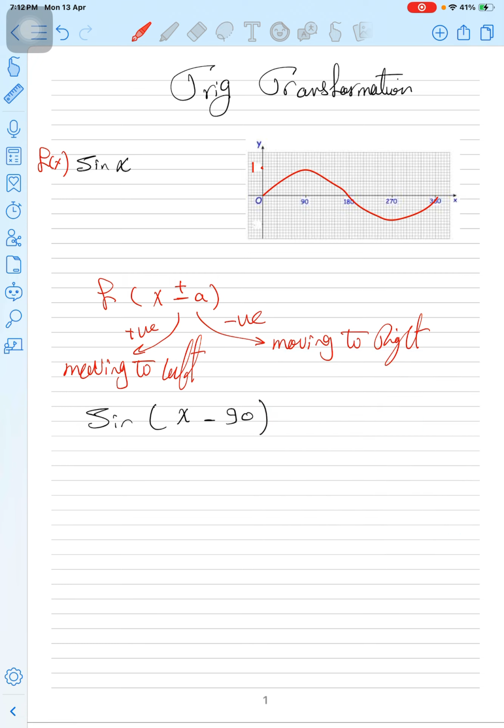But in case I ask you about sine 2x, what is the meaning of 2x? Sine 2x means that for each value of x, you have to divide it by 2.